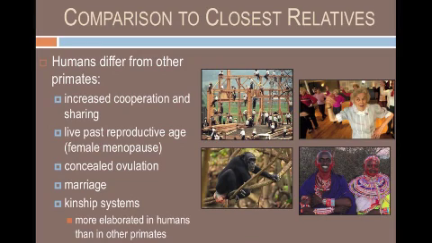Or another way of thinking of that is that primates will die as soon as they are no longer able to reproduce. So it forces us to ask the question, what is so important about life after reproduction, or what is so important about human women, perhaps, that keeps us alive even when we can't have babies anymore?